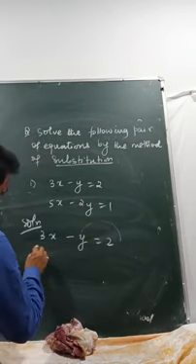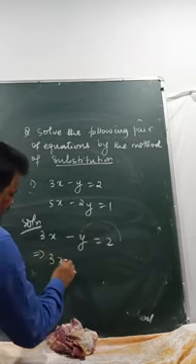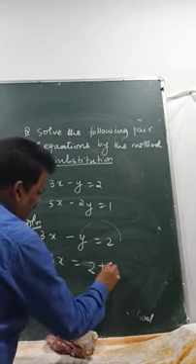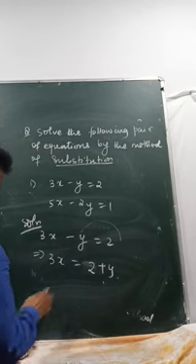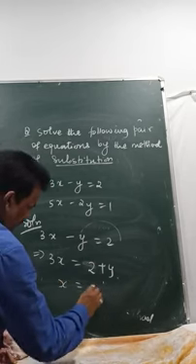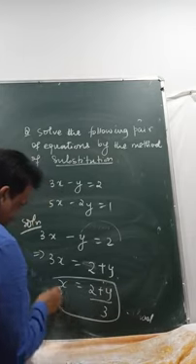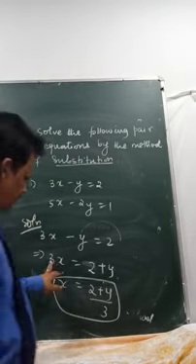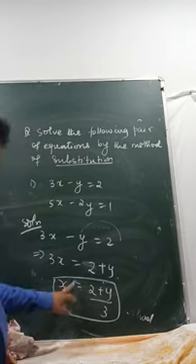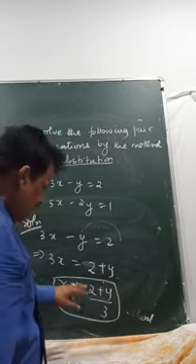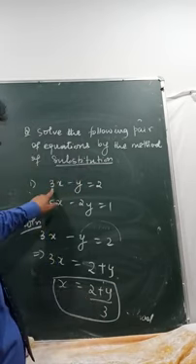Then what I will get? 3x equals to 2 plus y. Then x equals to 2 plus y by 3. Let's keep it like this. Now 3 you have divided here. The x is 2 plus y by 3. So this x you found from where?